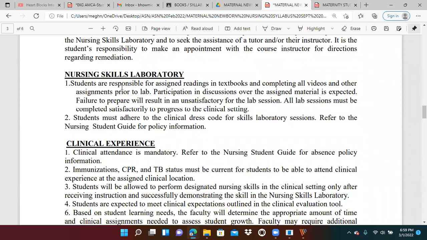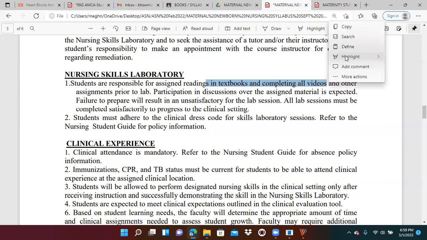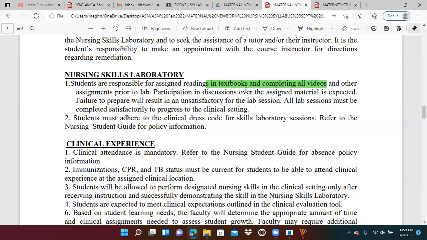Now, nursing skills laboratory. Students are responsible for the assigned reading of the textbooks. Nobody can help you without yourself, my friend. If I talk for 4 hours, but you do not study, I believe nothing can work.